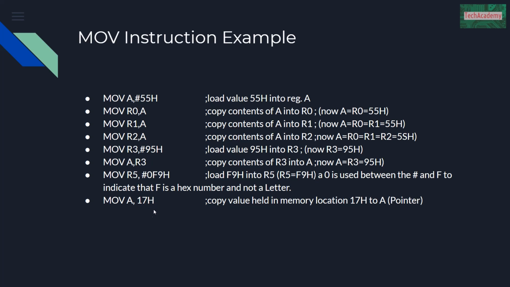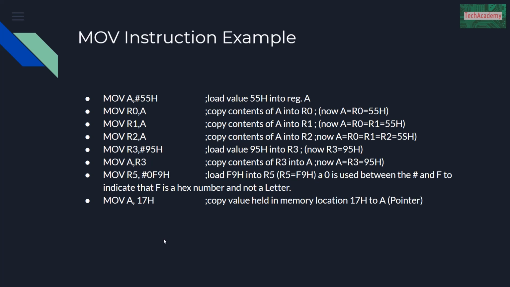as we know, we have internal RAM with addresses from 00 to 7F, right? So there are 256 registers total, and from 00 to 127 is RAM. So we have a general purpose area and other purposes as well.